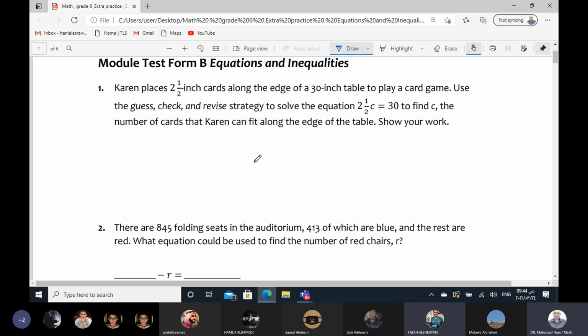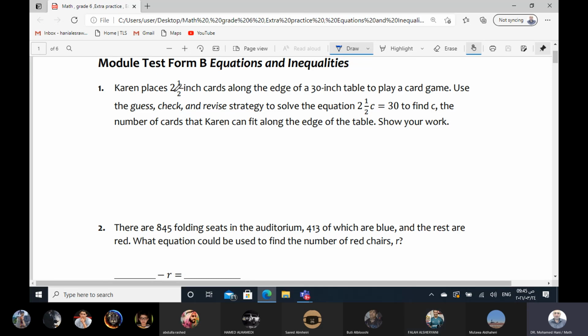Use the guess, check, and revise strategy to solve the equation 2 and 1/2c equals 13 to find c, the number of cards that can fit along the edge of the table. So you work. Thank you.